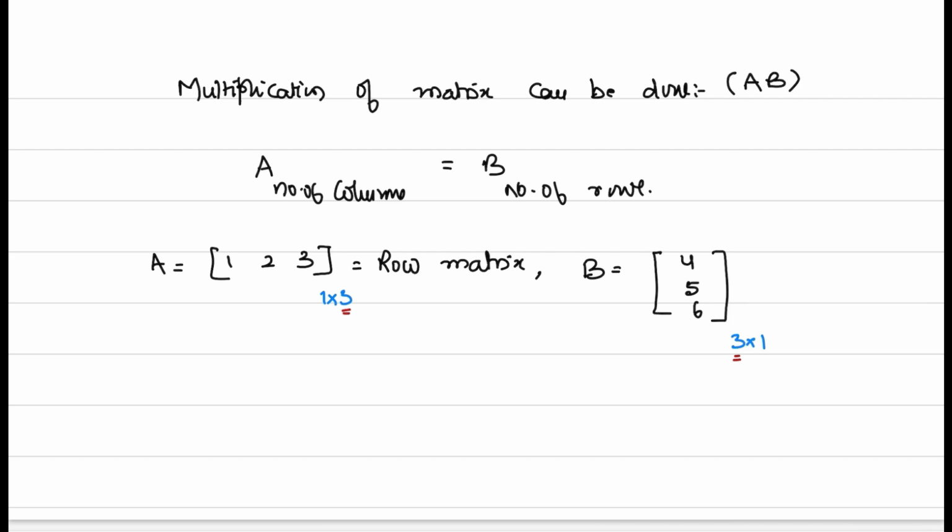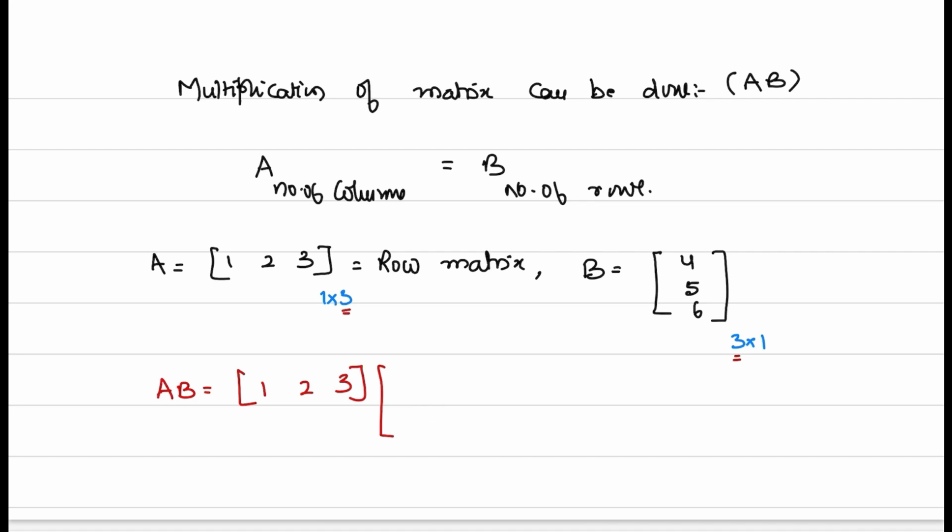Then only we will be able to multiply. That means AB is equal to 1, 2, 3. It is an introduction to the multiplication operation.